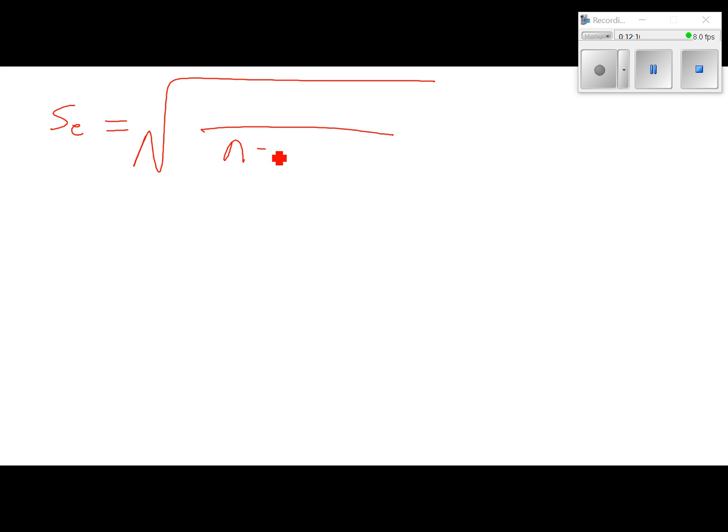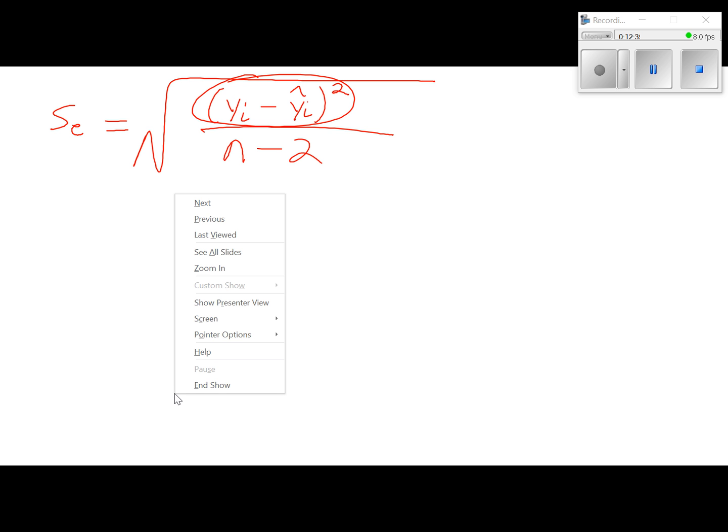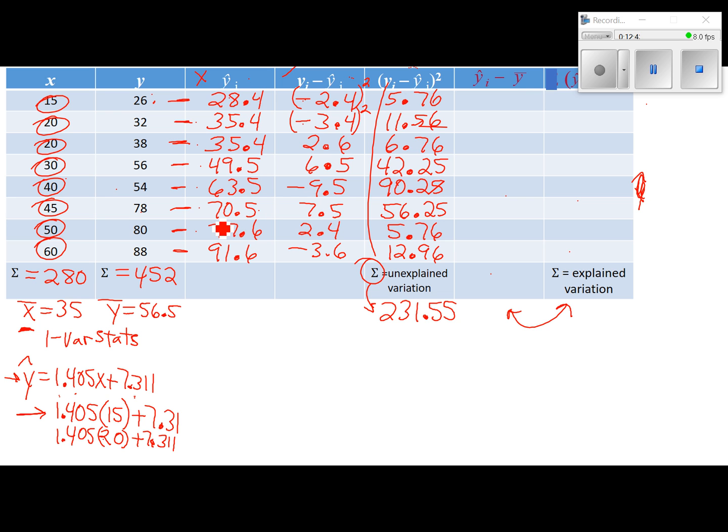It's got n minus 2 on the bottom, and then on the top is the y sub i minus your y hats. And all of that is squared. Well, this whole thing right here is what we just found over there on the last slide in that column. So let's go back to that real quick. 231.55, that's the number that's on top in there.